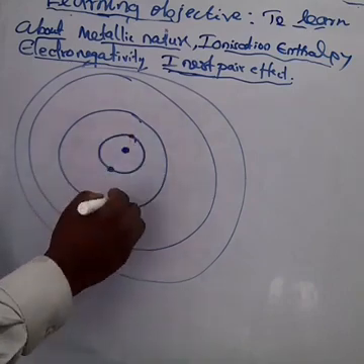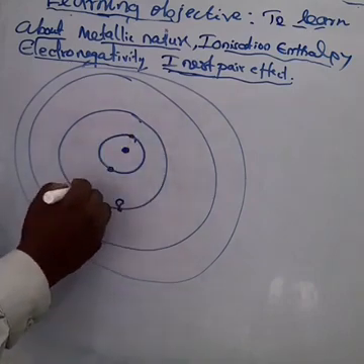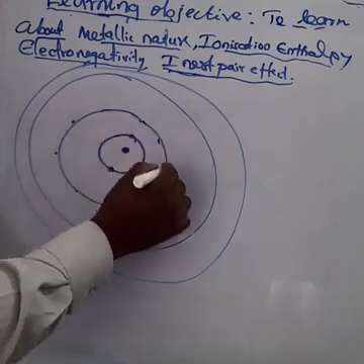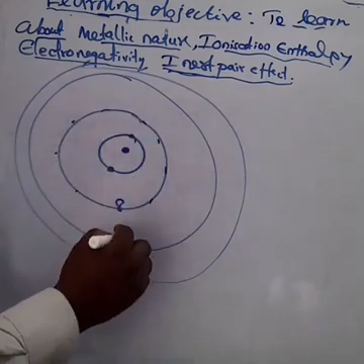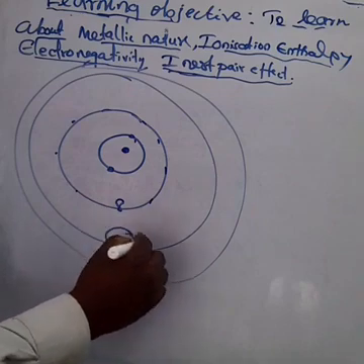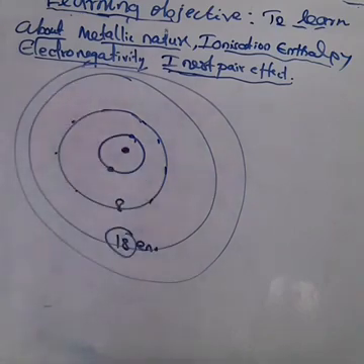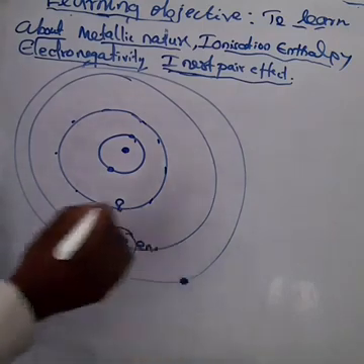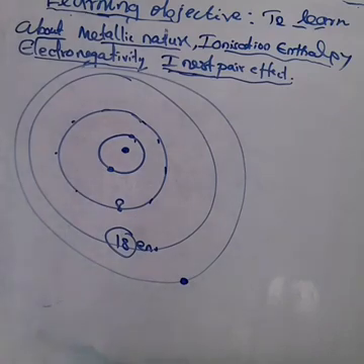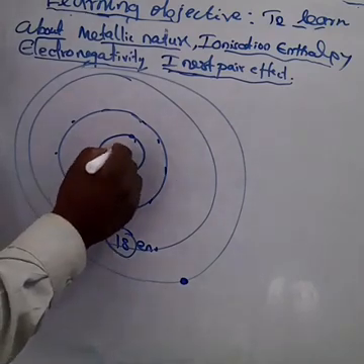The third shell, as per the 2n square formula, can accommodate 18 electrons. Here, the last shell may have only 1 electron. What is the charge of an electron? The electron has a negative charge.